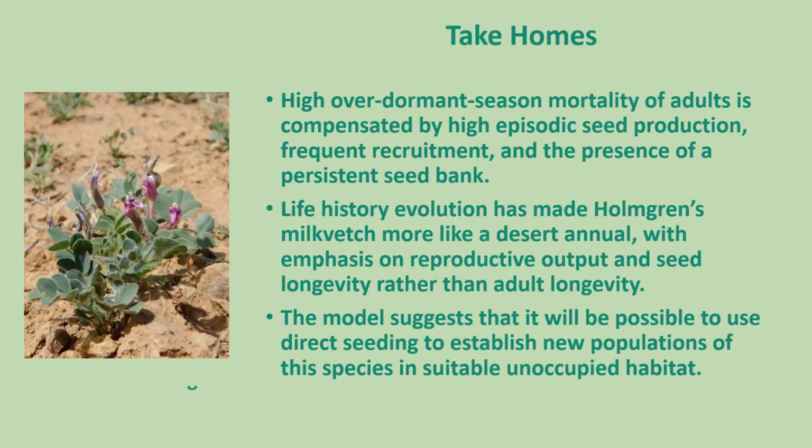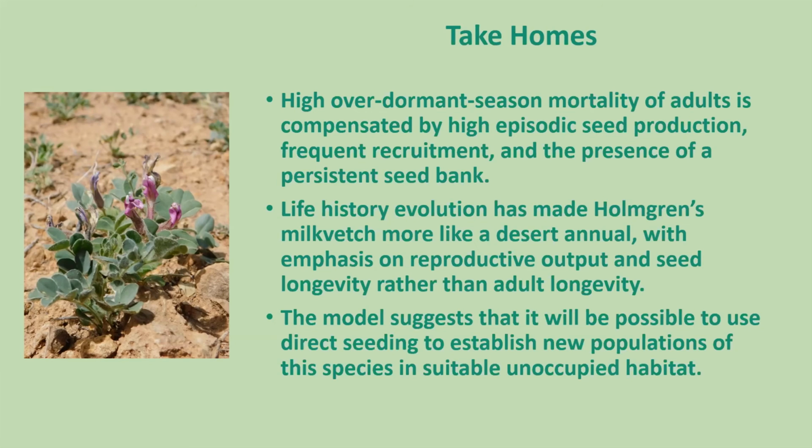So what's the life history of this plant and how is it different from most perennial spring ephemerals? The high overdormant season mortality is compensated by the high episodic seed production, frequent recruitment, and the presence of a persistent seed bank. Why is there high overdormant season mortality?